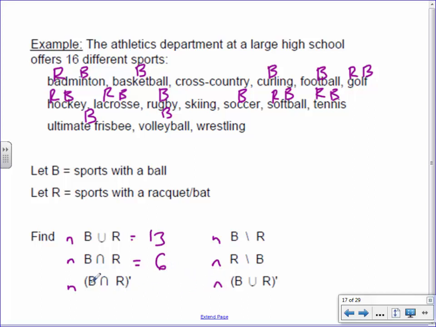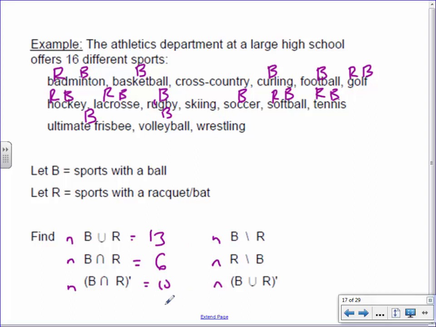Okay, here's a challenging one. B and R prime. No. That one's this one, Jason. B and R means find all the ones that have both. And then the prime means find all the ones that are not both. So this one is not both. 1, 2, 3, 4, 5, 6, 7, 8, 9, 10.